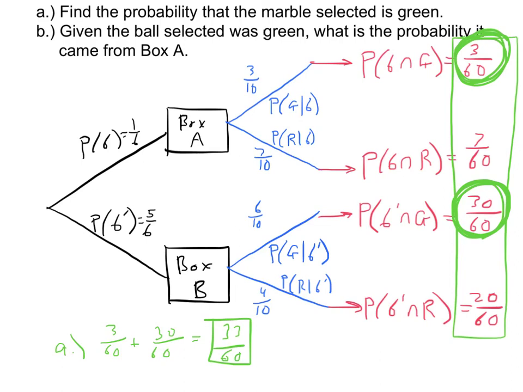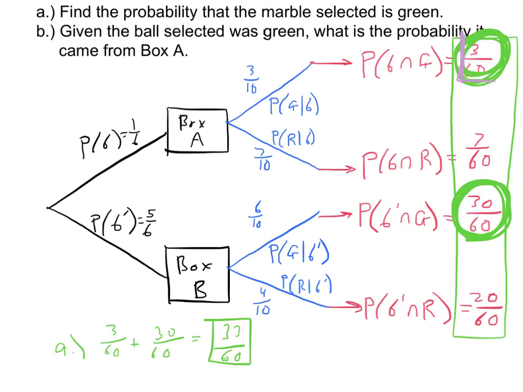Okay? Now, part B is where I really love these problems. It says, given that the ball selected was green, what is the probability that it came from box A? Now, if you remember from the previous video, what I said about given problems is that they're basically restrictions of the sample space. So when I say given that the ball selected was green, it means we are in the category of green selections. Now, of those two, when did it come out of box A?